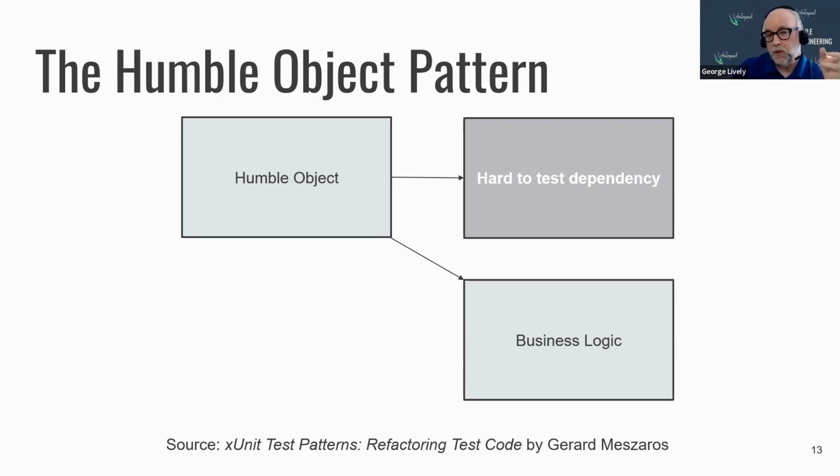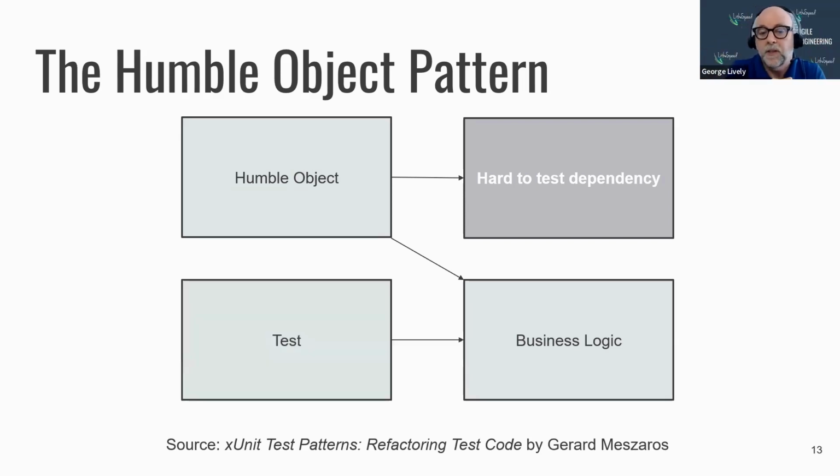Because this is testable, you can now write an actual test, a synchronous test, a unit test against the business logic. And the humble object will be standing there as kind of the glue between the business logic and your dependencies. And if there's any context that you need in order to test the business logic, you'll be able to grab that context very easily from the humble object and test accordingly. Okay.